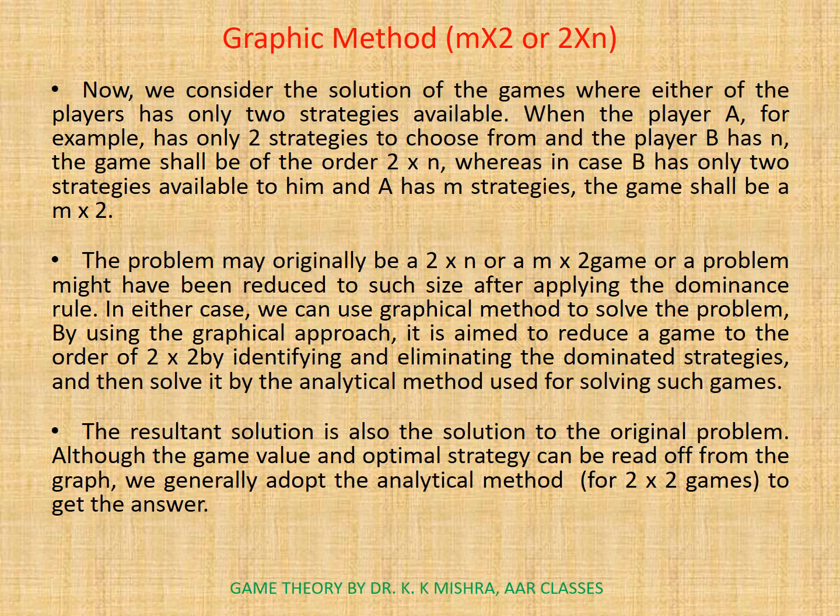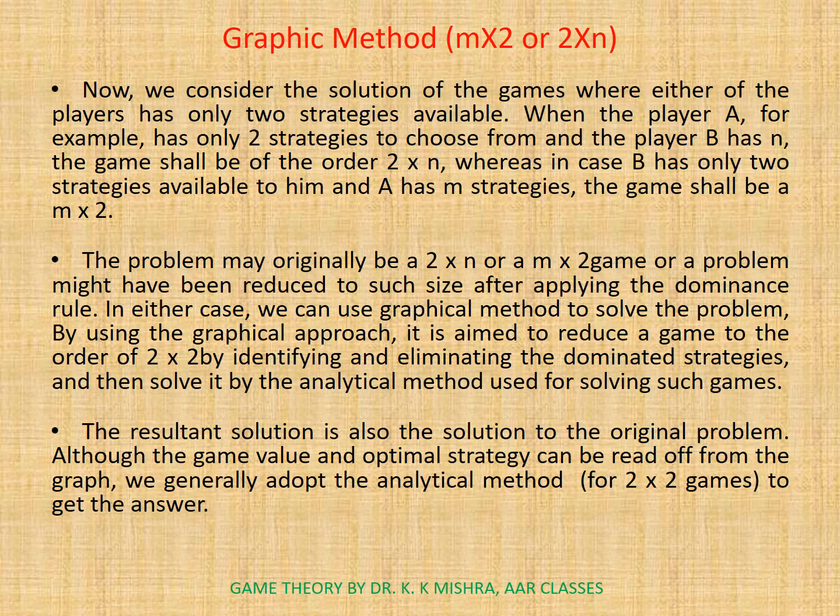The problem may originally be a 2 cross n or m cross 2 game, or the problem might have been reduced to such size after applying the dominance rule. In either case, we can use the graphical method to solve the problem. By using the graphical approach, it is aimed to reduce a game to the order of 2 cross 2 by identifying and eliminating the dominated strategies, and then solve it by the analytical method used for solving such games.